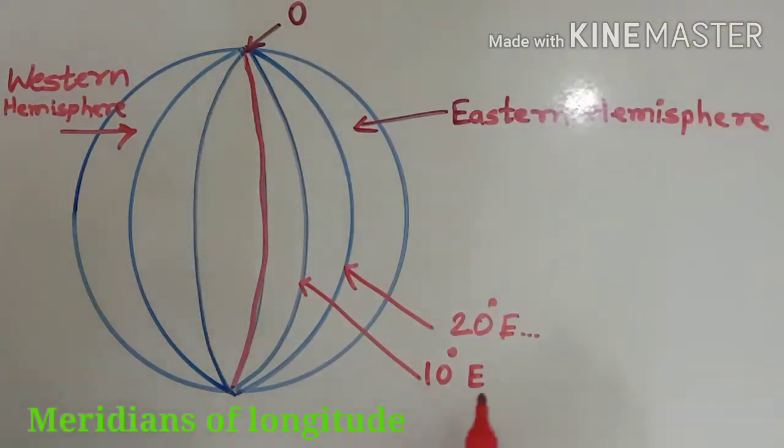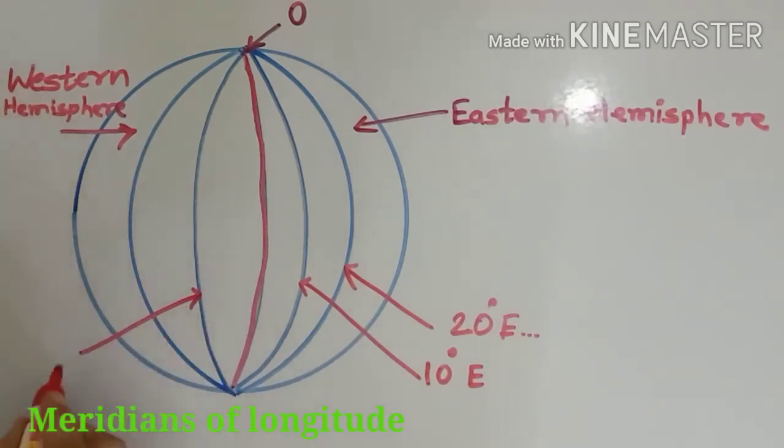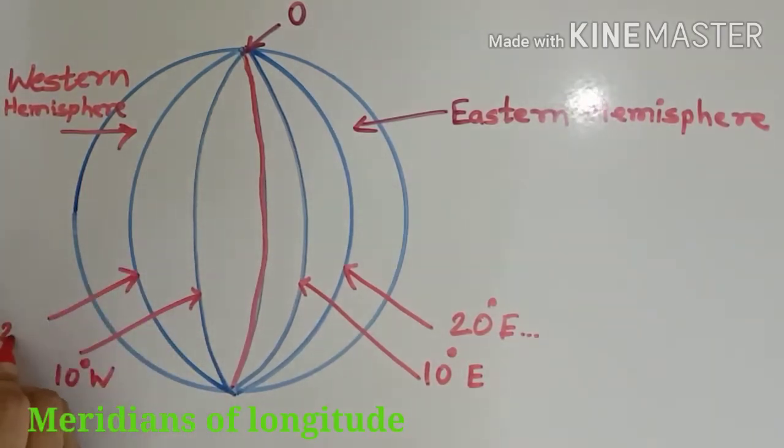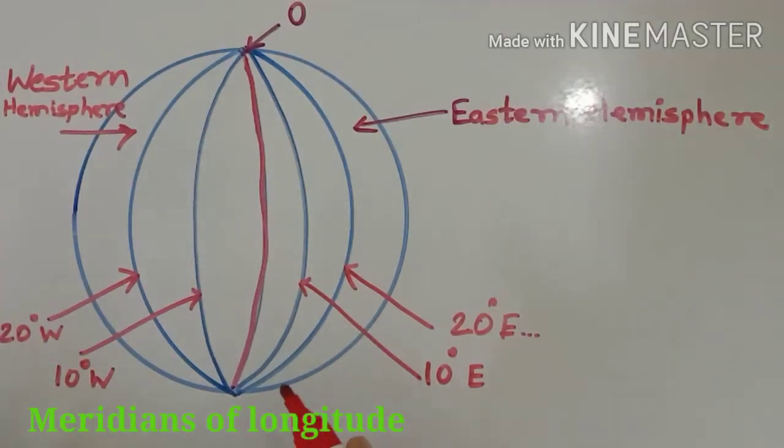In the same way, in Western Hemisphere also we can name the meridians. Here 10 degree west, 20 degree west, and so on till 179 degree west.